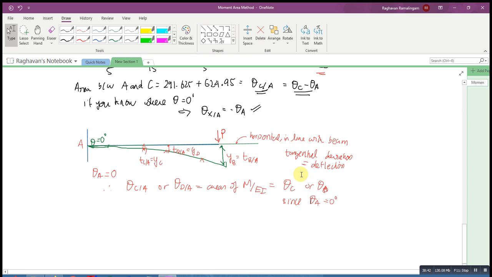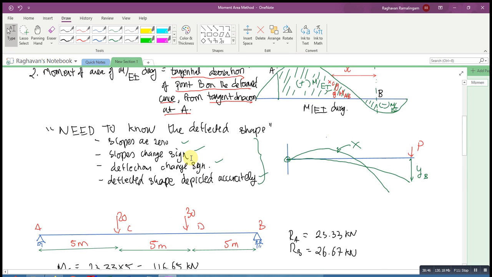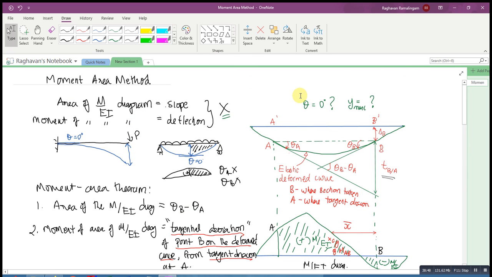So anyway, the point of this whole video is to just clarify to all of you that whatever you have been taught in moment area methods, not always. In a lot of cases, I see that a majority of the textbooks that you use go by this wrong explanation of the moment area method.